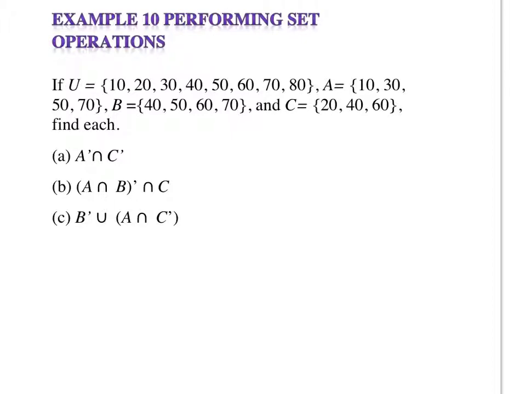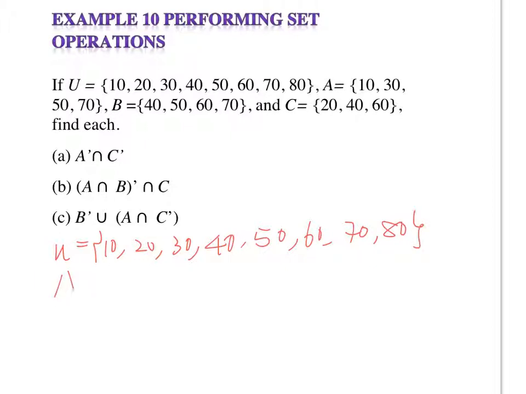And again, I like to write everything out. So I write 10, 20, 30, 40, 50, 60, 70, 80, and then set A, I like to line them up: 10, 30, 50, 70.